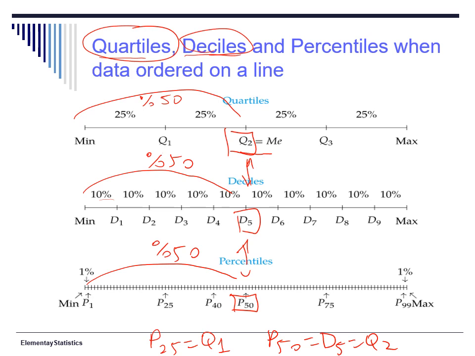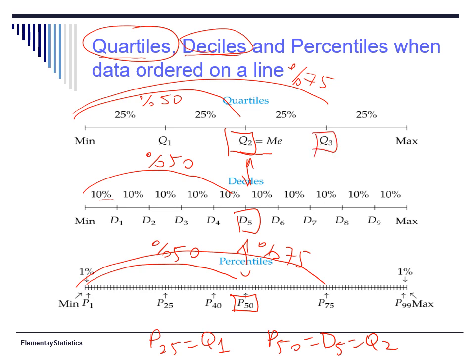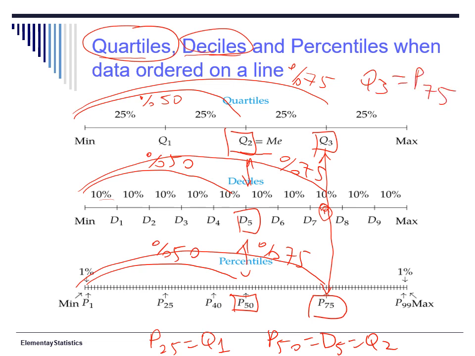You can also look at the 75% here, and it corresponds to Q3. There is no decile corresponding to 75%, so we don't take a decile here. So you can say Q3 is equal to P75.